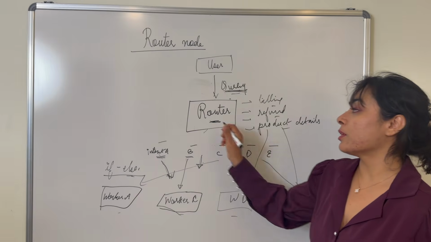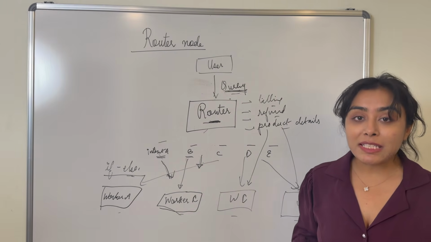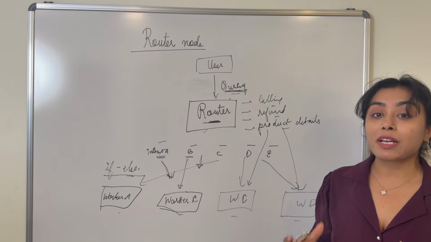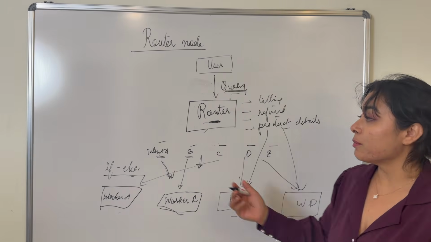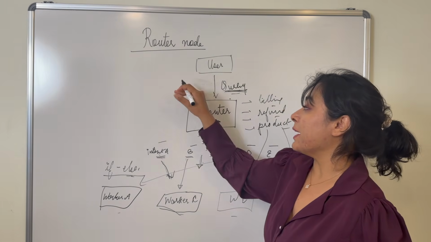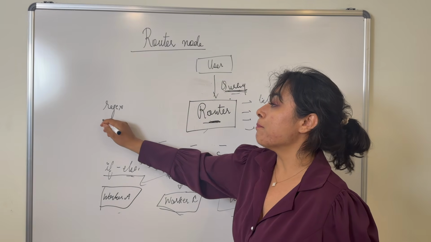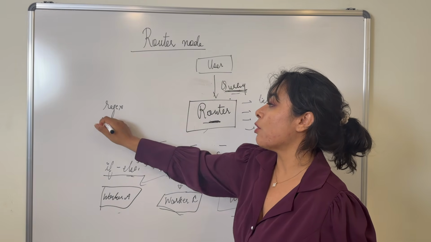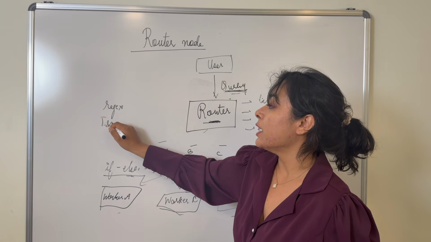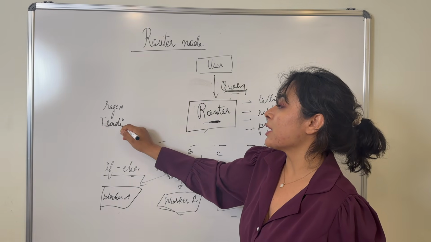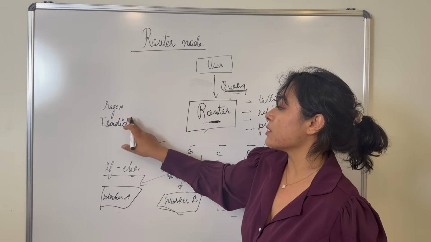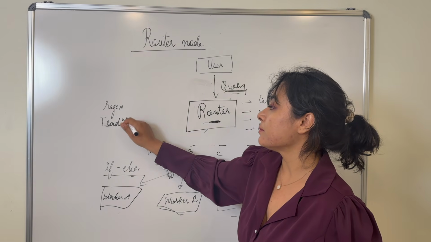How does this router look like? So the simplest router could be a rule-based algorithm. A rule-based system could depend on regex or a very simple traditional model like a BERT model or one of the traditional natural language classification models.